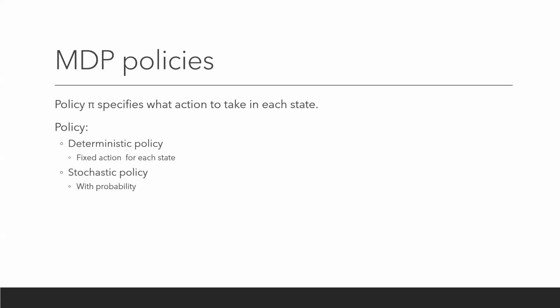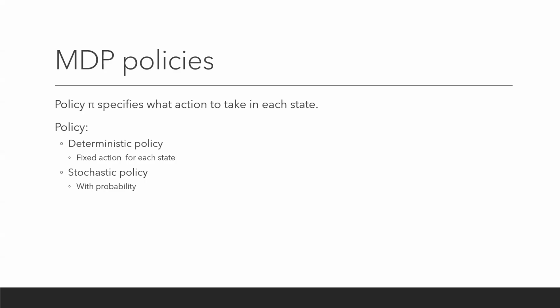And policy can be categorized into two: the deterministic policy and the stochastic policy. In deterministic policy, there is a fixed action for each state, and it's already determined.